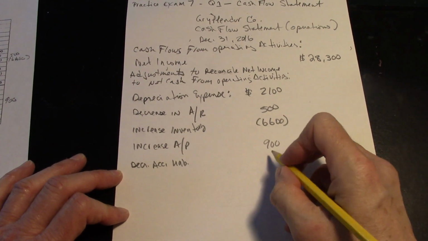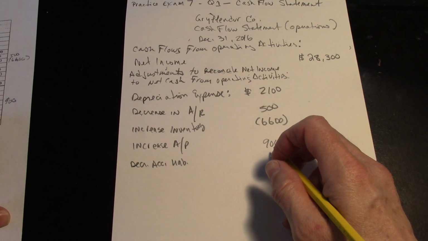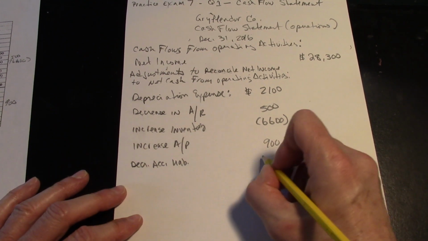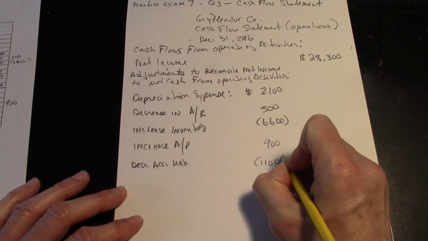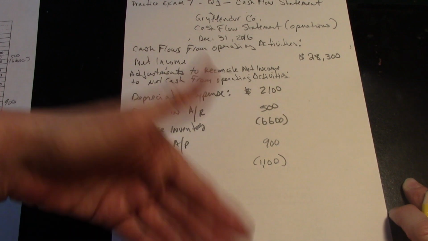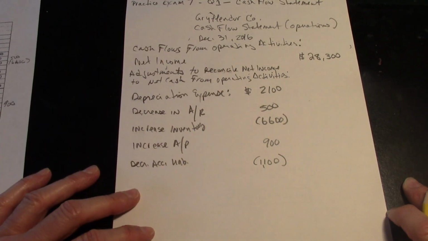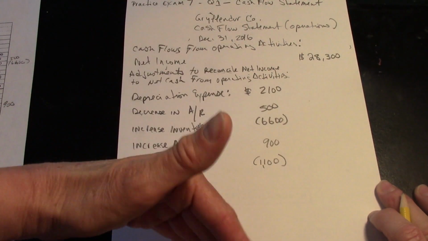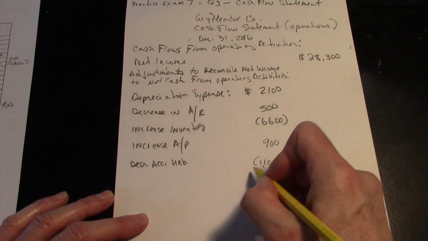And that was the difference of $1,100, which we're going to subtract. Why? Because think about it. If you decrease the liability, you must have paid out that money. So the cash flowed out. So it makes sense with the cash flows, right?